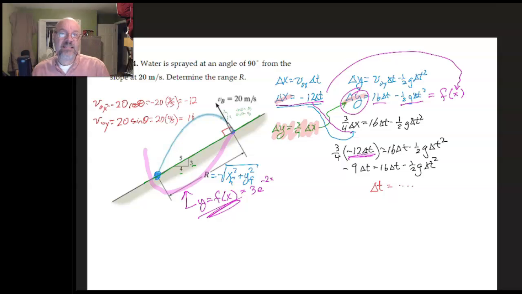Now that's just going to be yucky. That would just be mean, because then I'm going to have something like this: 3e to the minus 24 delta t. And then I've got to extract the t's out of there algebraically somehow. And that's not going to be fun at all.